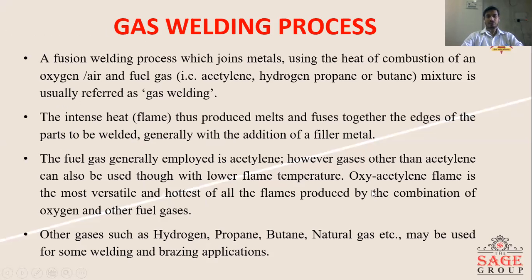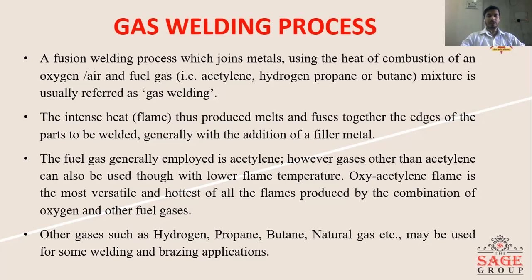Right? So the gas welding process is a fusion welding process which joins metal using the heat of the combustion of oxygen, air and fuel gas. Fuel gas can be acetylene, hydrogen, propane and butane. It is usually referred to as gas welding.